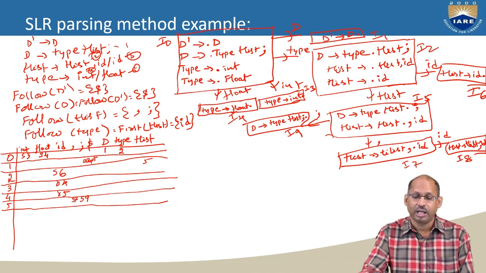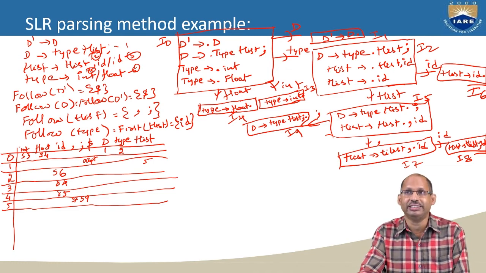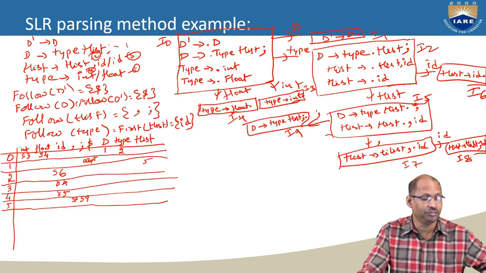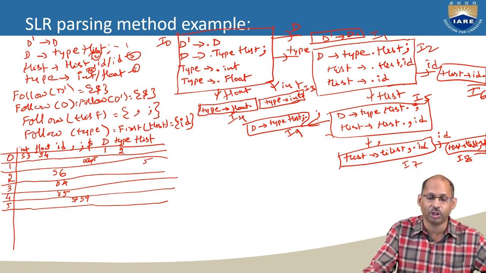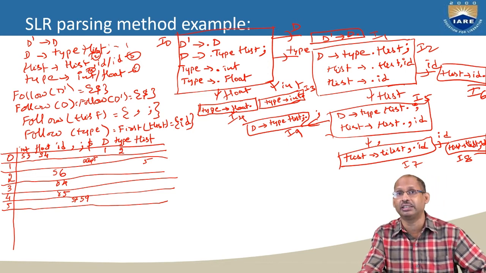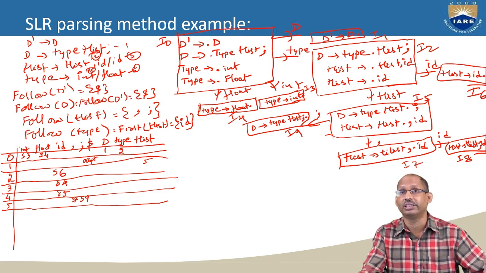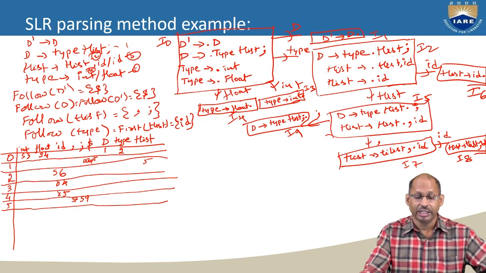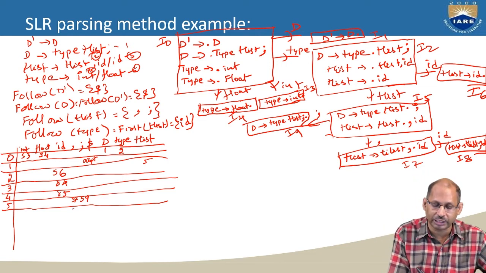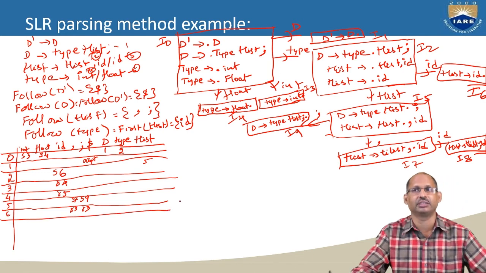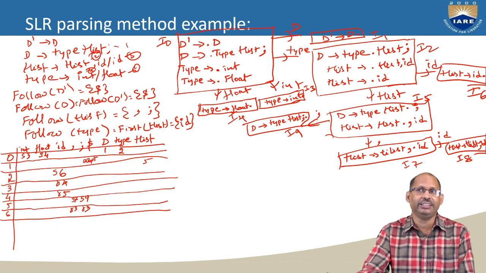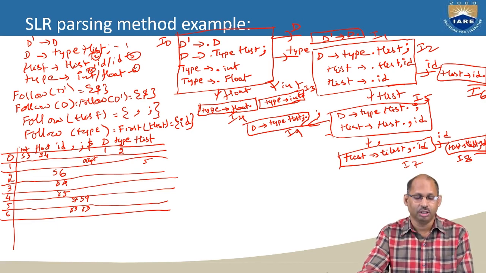Then state 6. What is state 6? Dot end. For which production is it dot end? The third production. What is the follow of T list? The follow of T list is comma and semicolon. In the comma and semicolon columns, we write reduce production number 3.